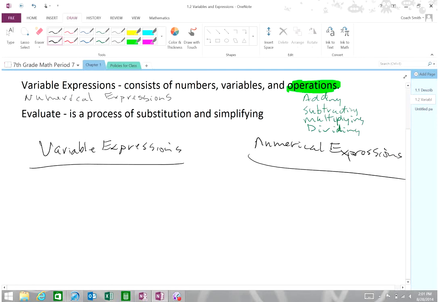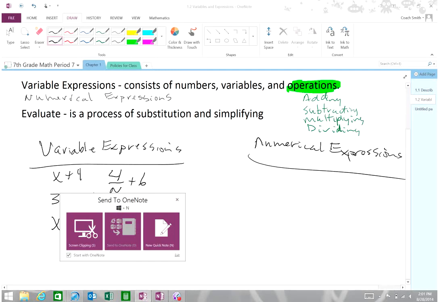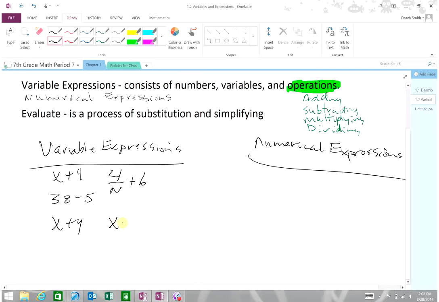Okay, variable expressions look like this. x plus 4, 3z minus 5, 4 over n plus 6, x plus y, xy plus z, okay, 4t minus 9.